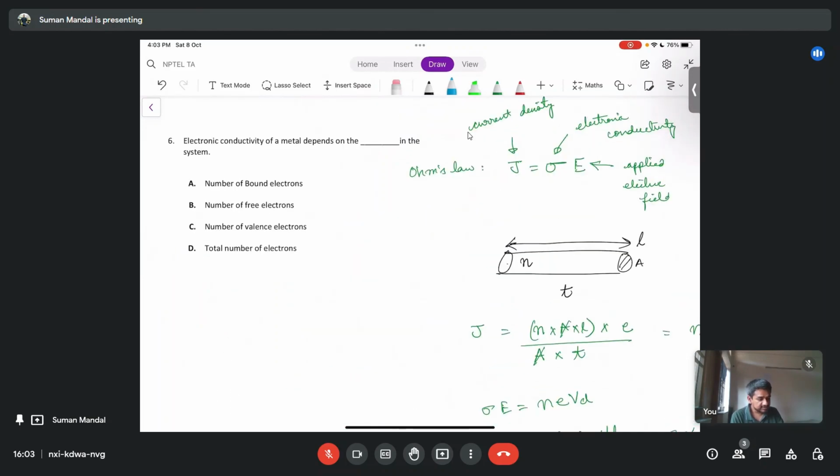Therefore, the electronic conductivity depends on the number of free electrons, which are consisting of valence electrons. So options B and C are the correct answers.